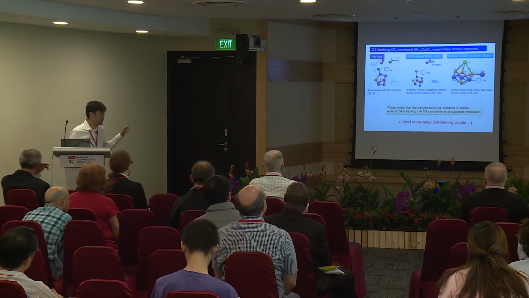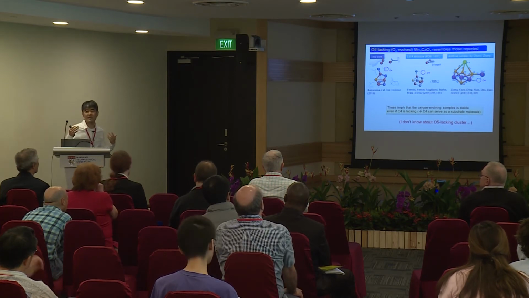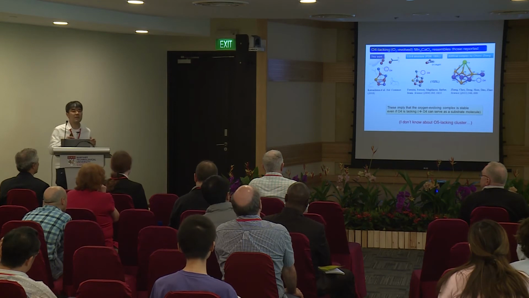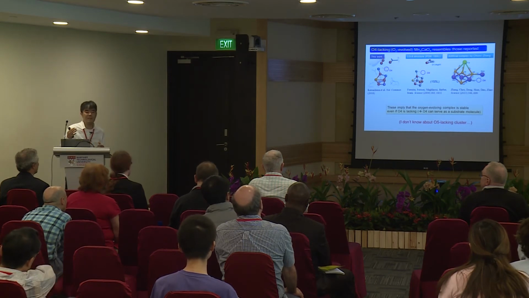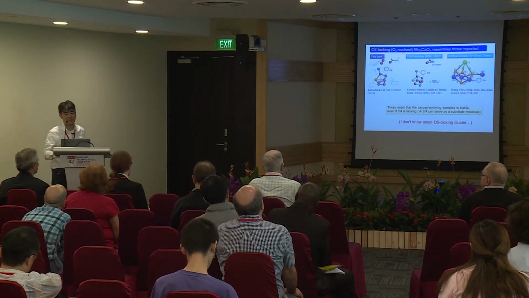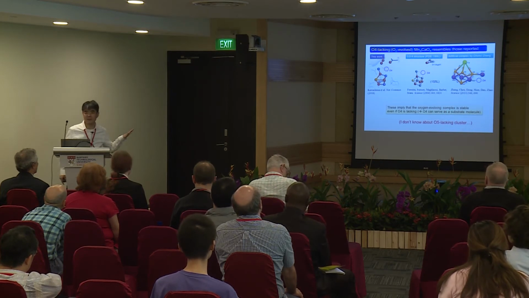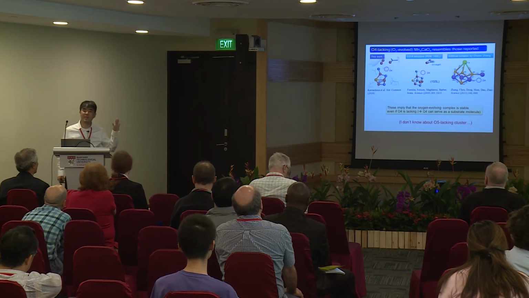In my opinion, this implies the oxygen evolving complex is stable even if O4 is lacking. So this could be an indication that O4 can serve as a substrate water molecule. But I don't know about the O4-lacking cluster and whether it is really stable.